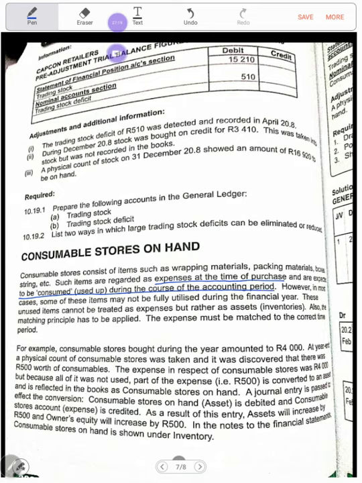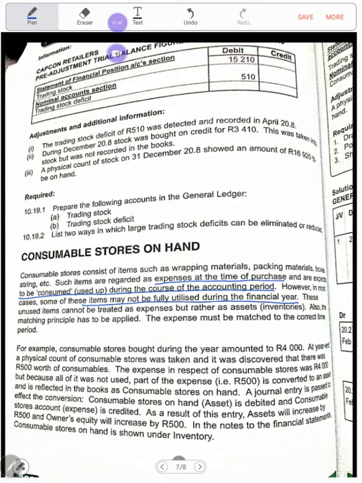However, in most cases, some of these items may not be fully utilized during the financial year. These unused items cannot be treated as an expense but rather as an asset. So listen carefully, grade 10s.